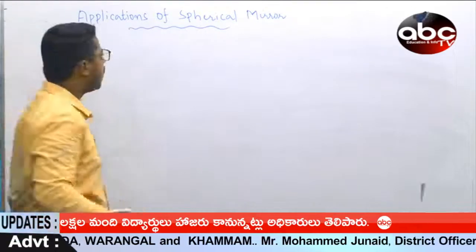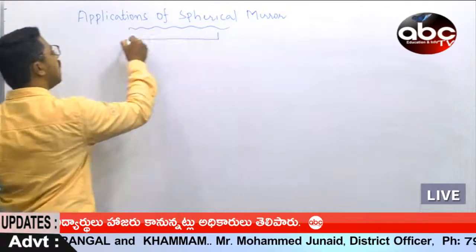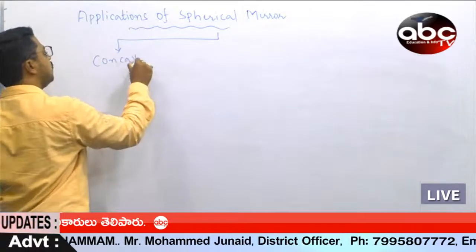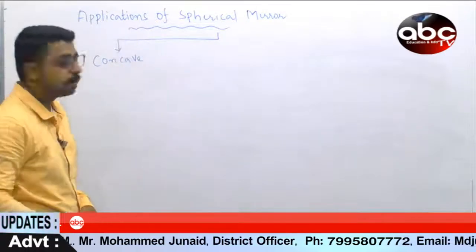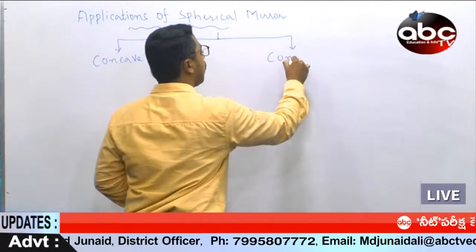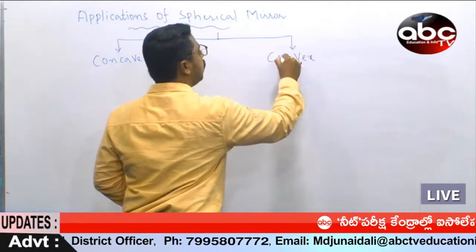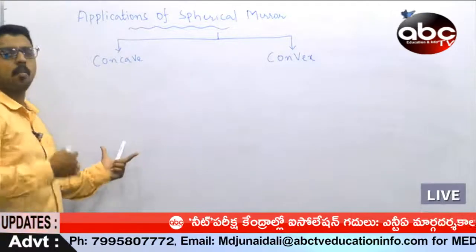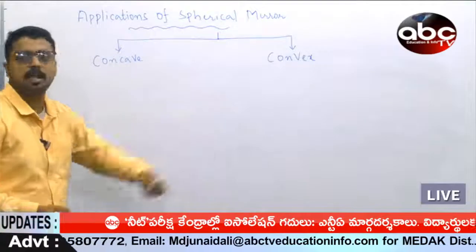Let us understand, the spherical mirrors are of two types. The first one is the concave mirror. The second one is nothing but the convex mirror. So let us understand one topic's uses and then the second topic's uses.